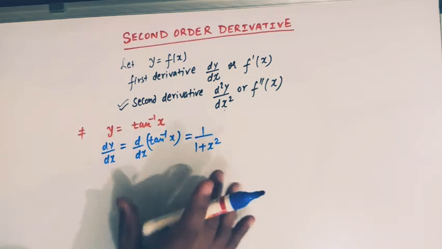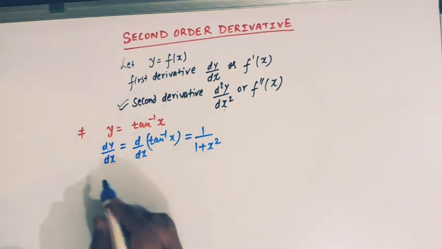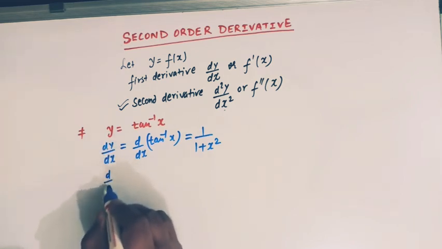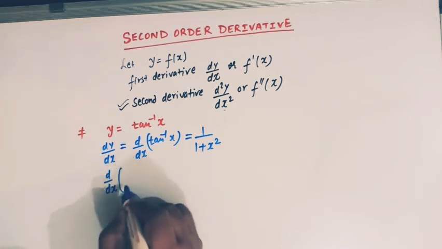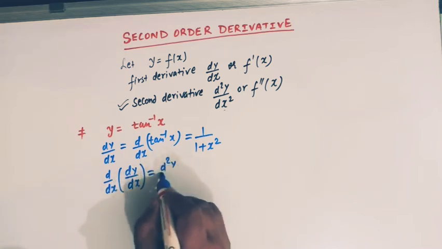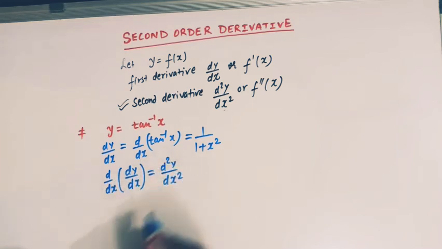Now to find out the second derivative, we'll differentiate this first derivative. So we can write d/dx of dy/dx, which can be written as d²y/dx².